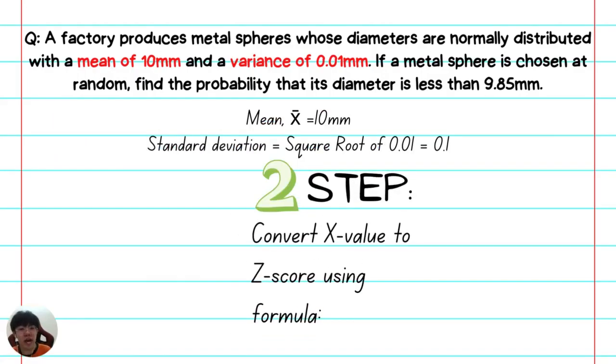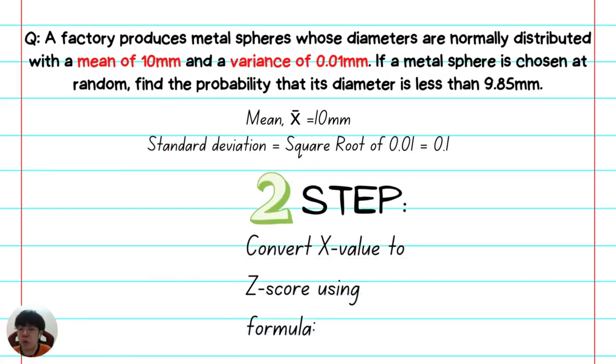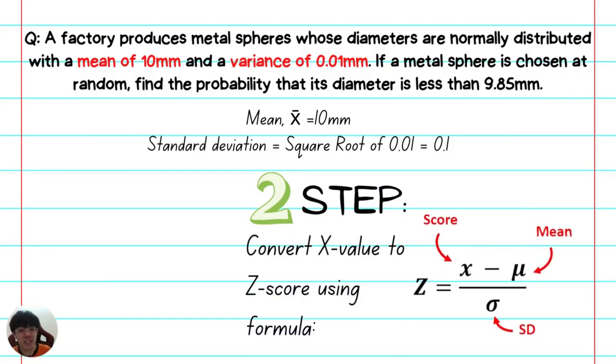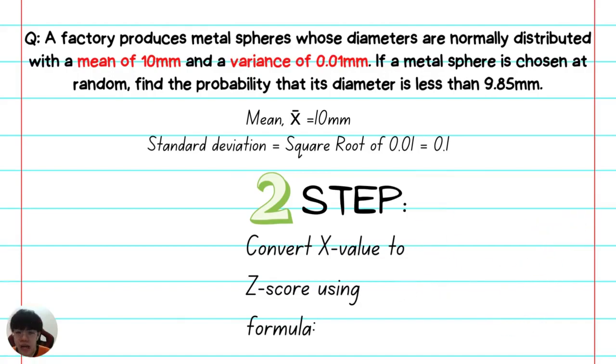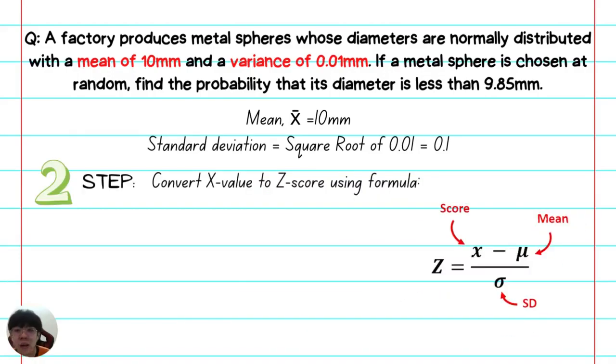Next, we are going to convert the x value to z-score using the formula z equals to x minus mean over standard deviation. We have already obtained the mean and also the standard deviation from the question. How about x? X value is actually equals to 9.85 mm.